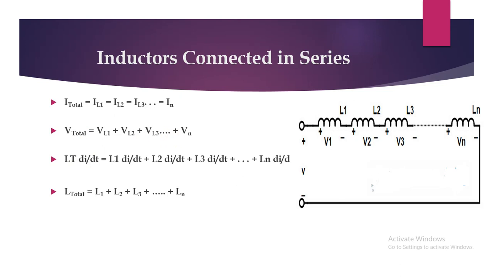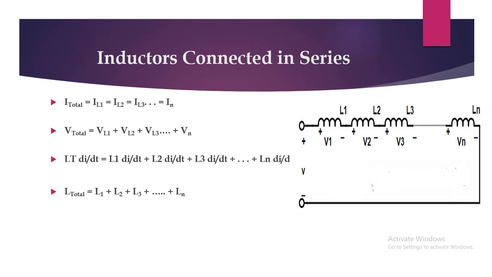So when we substitute the values of inductance and rate of change of current, from V is equal to L di by dt, we get an equation like this. L total, it is not LT, it is L total di by dt is equal to L1 di by dt plus L2 di by dt plus L3 di by dt and so on plus Ln di by dt, because all these currents are the same flowing through the inductances.